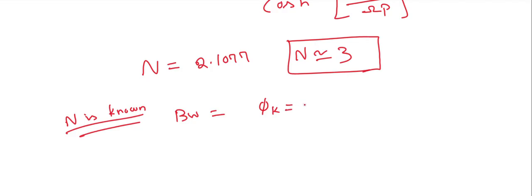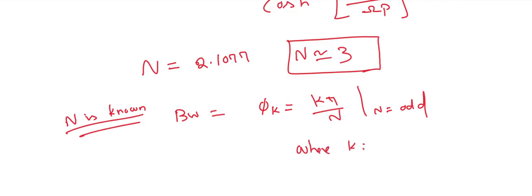If N is odd, phi k is equal to k pi by N, where k is equal to 0, 1, 2, up to 2N minus 1.